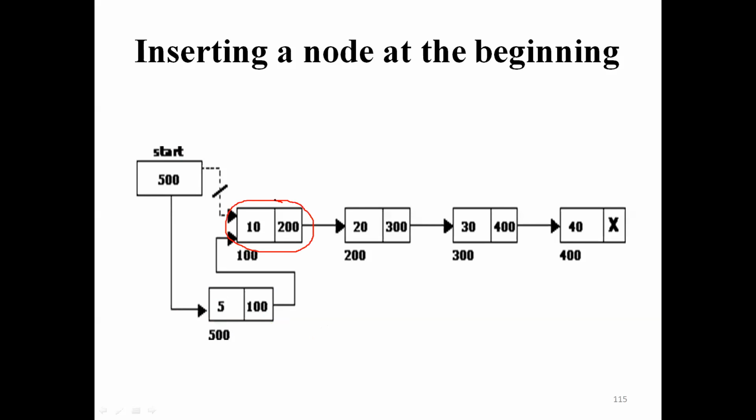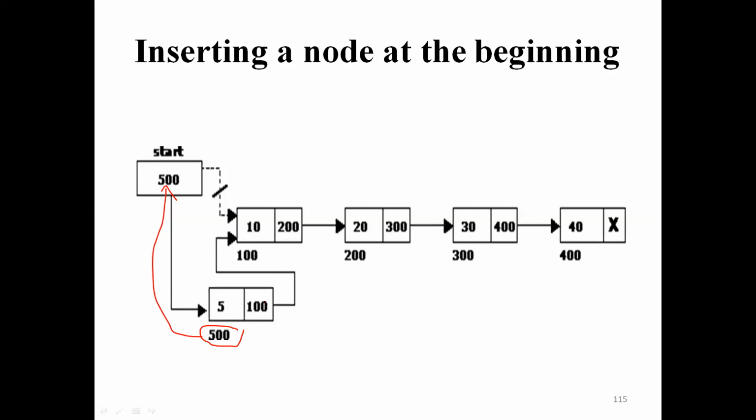Previously this was the first node in this single linked list, but I am inserting at the beginning, so the new node becomes the first node in the list. So I have to store the address of the newly created node in the start pointer variable. The start is a pointer variable of struct node data type.